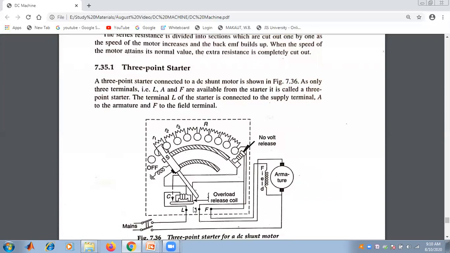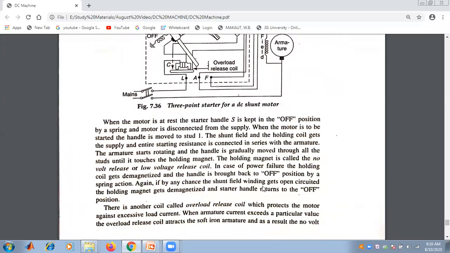A is connected to the armature, as is clearly seen here, and F is connected to the field winding or the field terminals. When the motor is at rest, the starter S is kept in the off position.